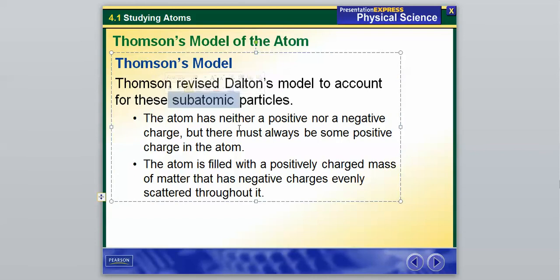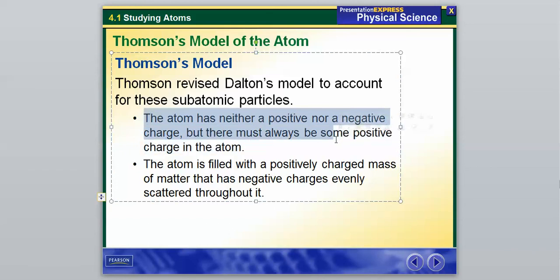So he said the atom has neither a positive nor a negative charge, but there must always be some positive charge in the atom. And the atom is filled with a positively charged mass of matter that has negative charges evenly scattered throughout it. So again, to revisit, he revised Dalton's theory, and what he said was the atom has neither a positive nor a negative charge, but there always must be some positive charge in the atom.